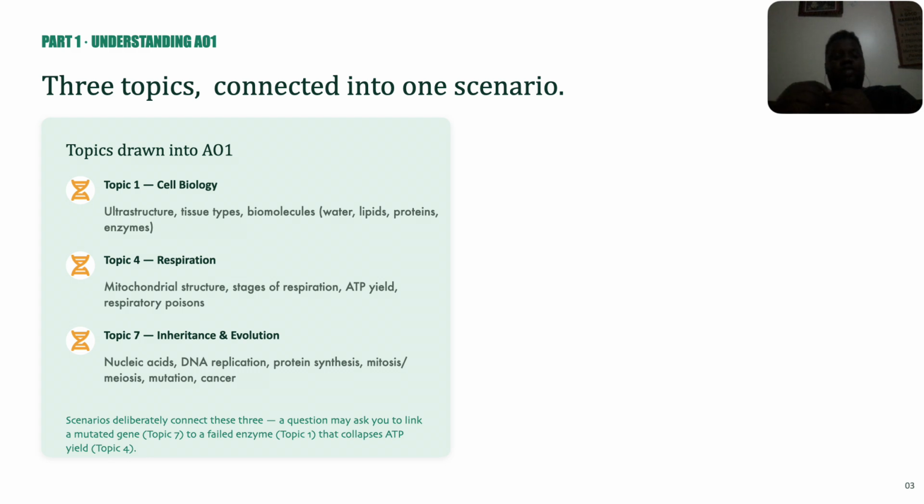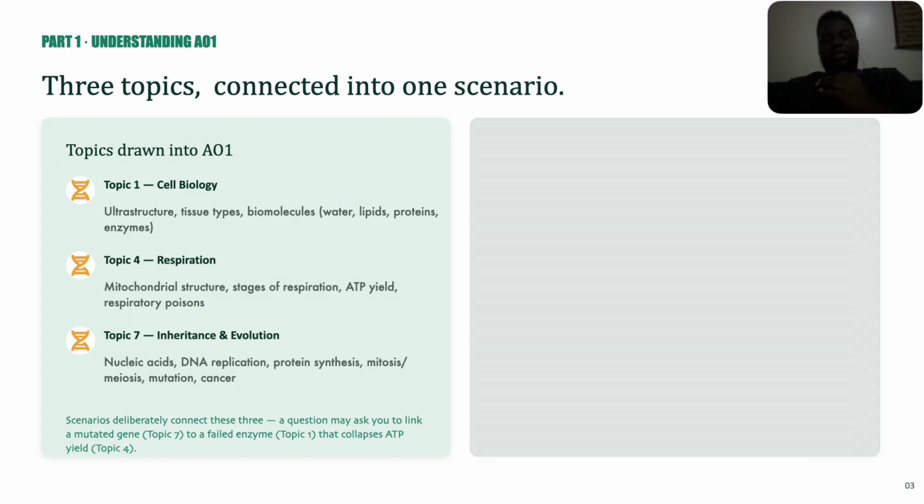A question may ask you, for example, to link a mutated gene to a failed enzyme that probably collapses ATP production. A very good example is sickle cell anemia. When we have sickle cell anemia, now we don't have oxygen, now aerobic respiration cannot happen, now the individual cannot have muscle contraction because cellular respiration is not happening. So that is something that you need to really put in mind.